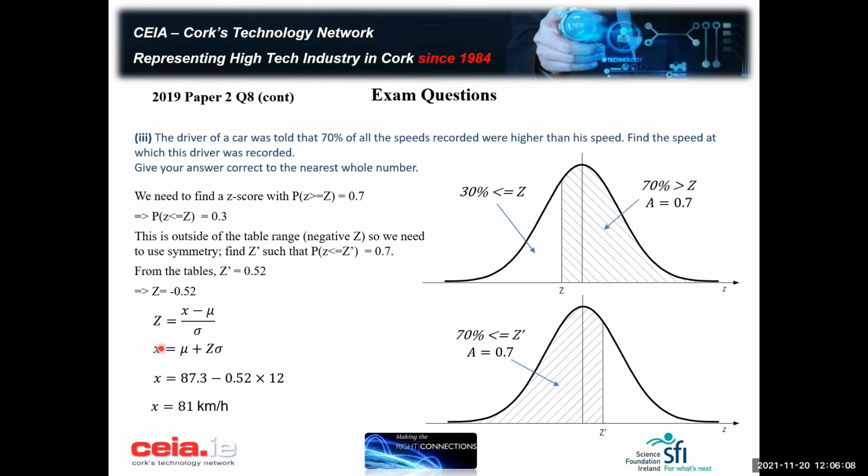Rearrange it so we can get an x from the z. And we get 87.3, which was the mean, and subtract this number of standard deviations from it, and we get 81 kilometers per hour. So 70% of speeds would be higher than 81 kilometers per hour.